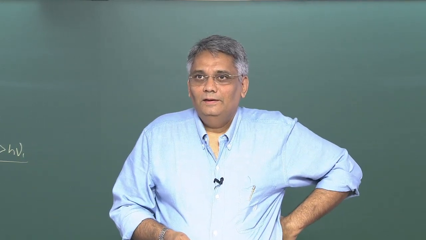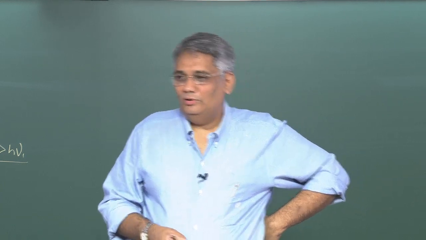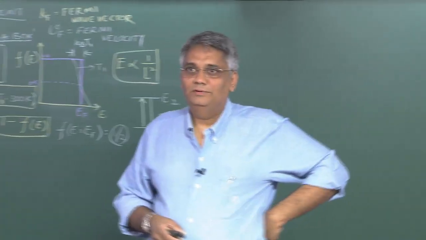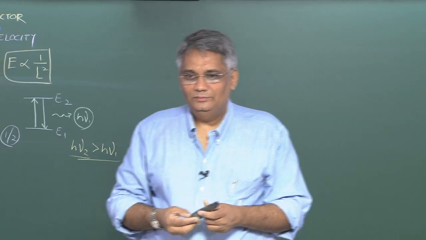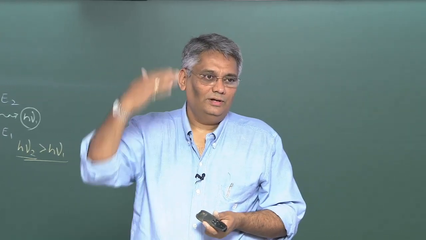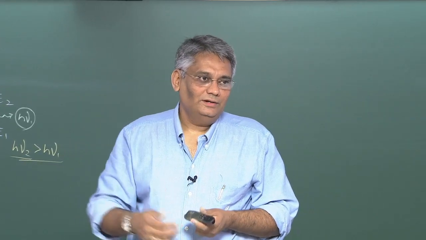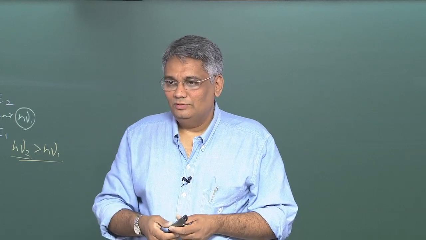Now, one of the important points that I mentioned in the previous class is, when you have these discrete energy levels, absorption can happen. You can pump the electron from the lower level to the upper level, and the transition can happen from these upper levels back to the ground state.